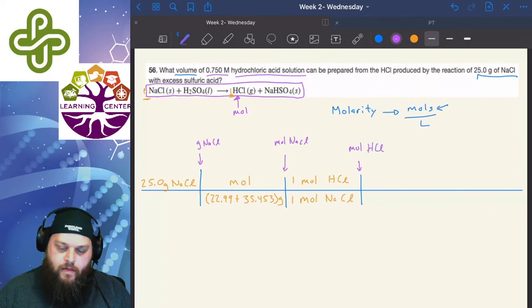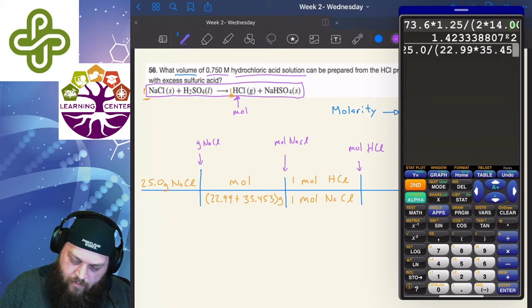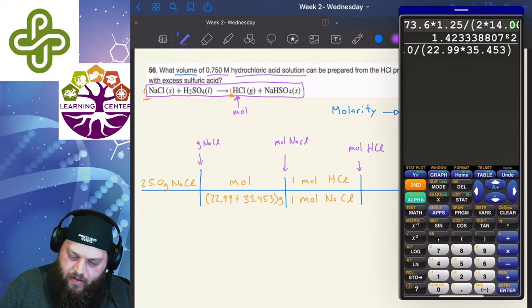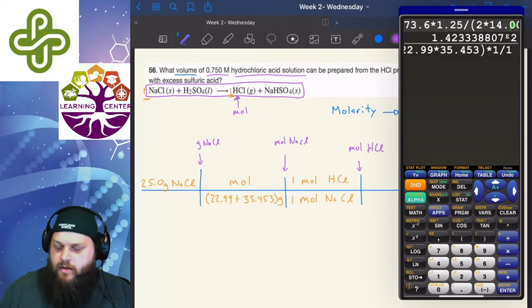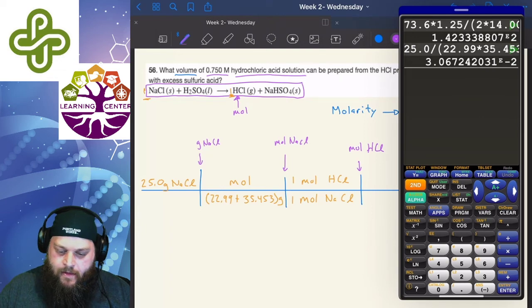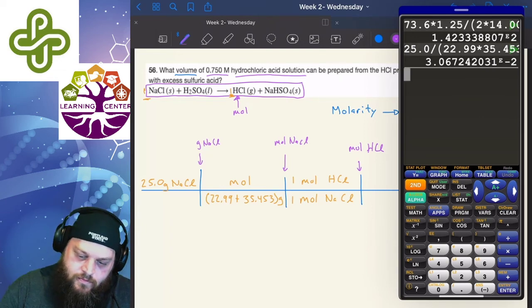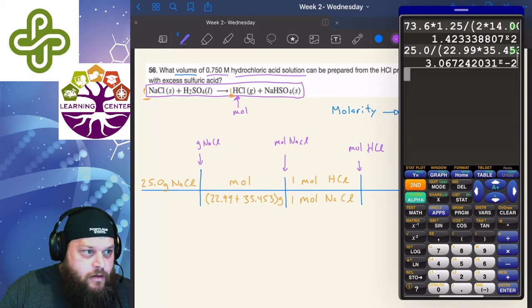So let's do the math on that now. 25.0 divided by parenthesis 22.99 plus 35.453 close parenthesis, and we can multiply by 1, divide by 1. Don't really need to do those last two. It's just going to keep it the same. So we end up with here, it's a little different than I got before. 25 grams.